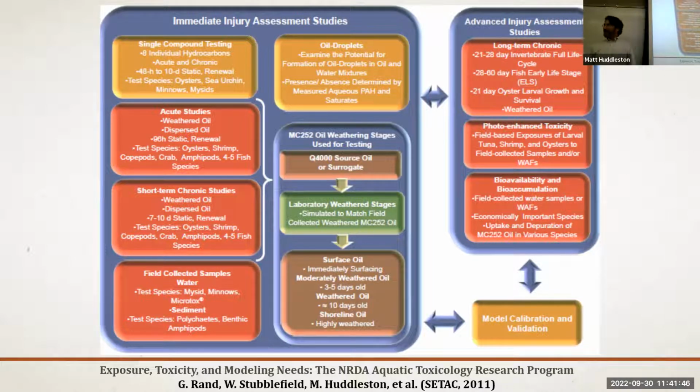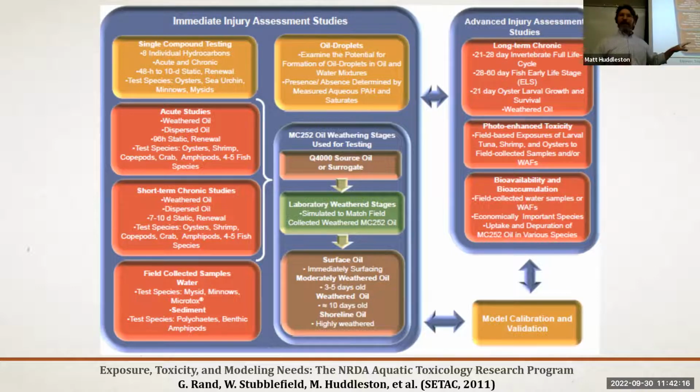If you remember Bill, Bill's an expert in what's called photo-enhanced toxicity from polycyclic aromatic hydrocarbons, PAHs that are in petroleum. And it turns out that when you have a surface film of oil on water, and that's hit by certain wavelengths of radiation, it enhances the toxicity of those compounds. And we needed to certainly know that as part of this damages assessment.